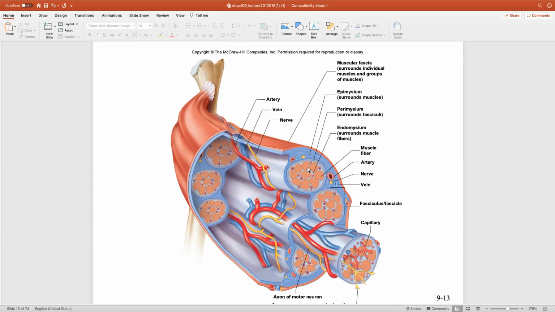Again, a fascicle is a cluster of skeletal muscle cells grouped together, surrounded by an external covering called the perimysium. So perimysium covers and surrounds each fascicle. You see perimysium here around this fascicle, another around the next fascicle, another around this one, and around all of these.